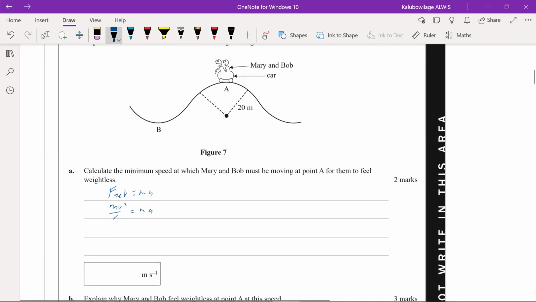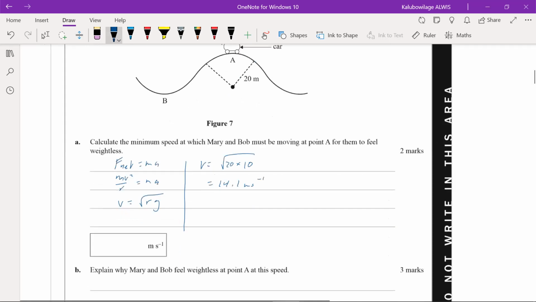This will come to, you might already have this formula, v equals root of rg. The radius is 20 meters multiplied by the gravitational acceleration, which comes down to 14.